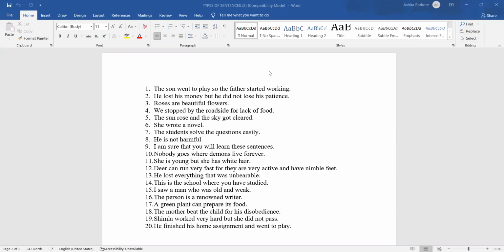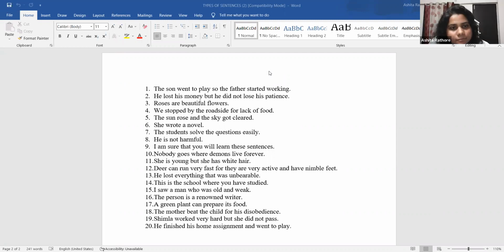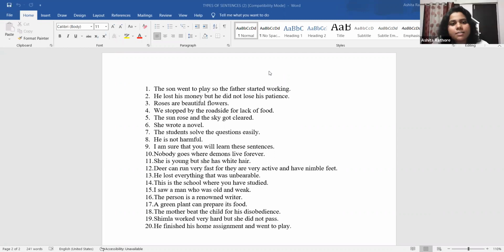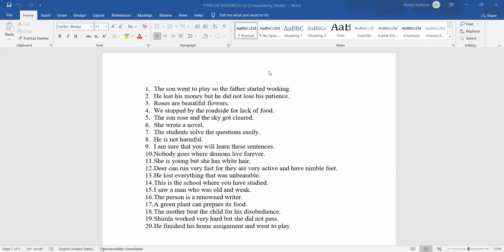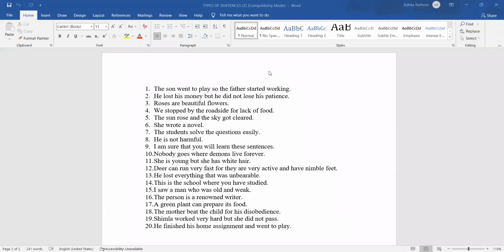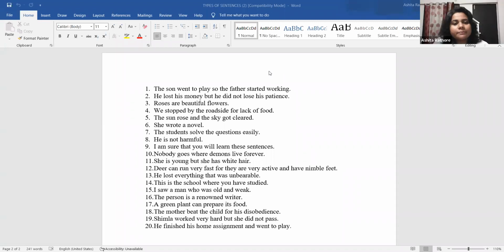Ma'am, one is a subject and second is a predicate. क्या होगा? Ma'am, one is a subject and second sentence is predicate. ठीक है. Subject क्या है? Ma'am, we. सिर्फ we होगा subject? Yes, ma'am. Anybody else?